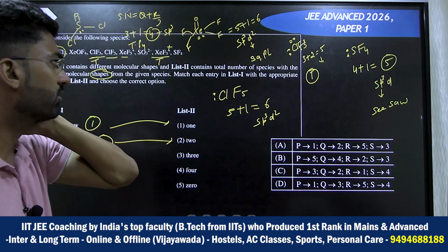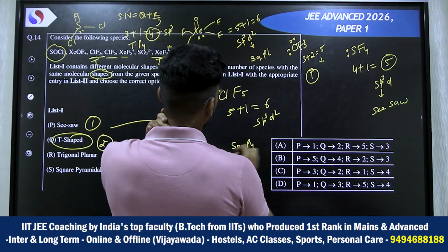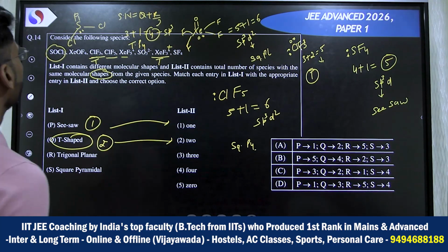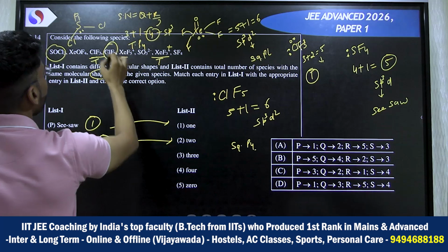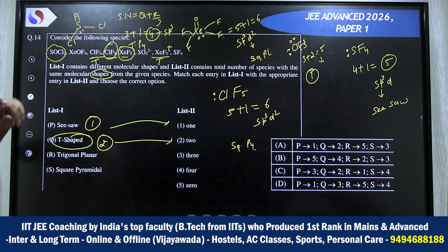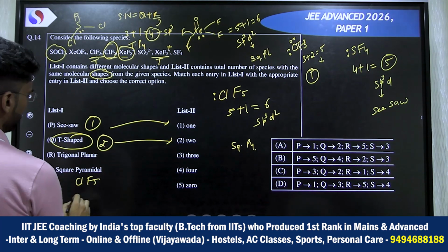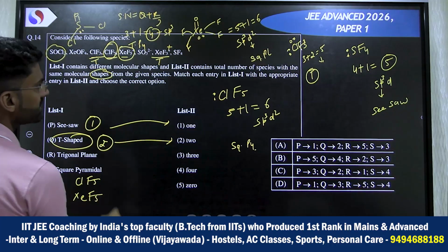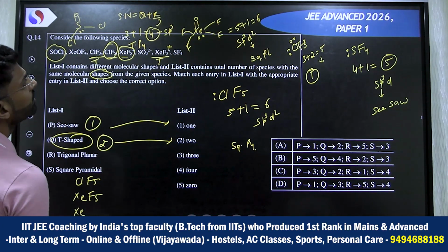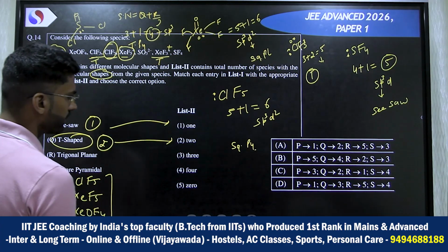During the shape we have to ignore lone pairs of electrons, so it is square pyramidal. If this is square pyramidal, this one is also square pyramidal. This is XeF5 positive, so both are square pyramidal. I'm writing here ClF5 and XeF5 positive, both are the same. One more square pyramidal I have to check here, XeOF4. So 3 square pyramidals are there.